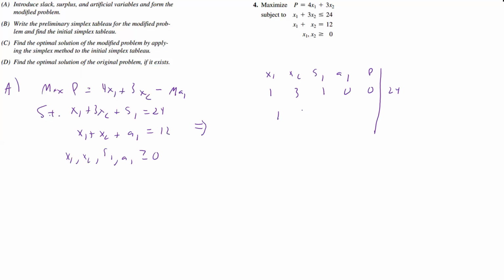Then we have 1, 1, 0, 1, 0, and 12. Down below, we take these to the other side, so we have minus 4, minus 3, then 0, then M, then 1, and 0. That's what we call our preliminary tableau.